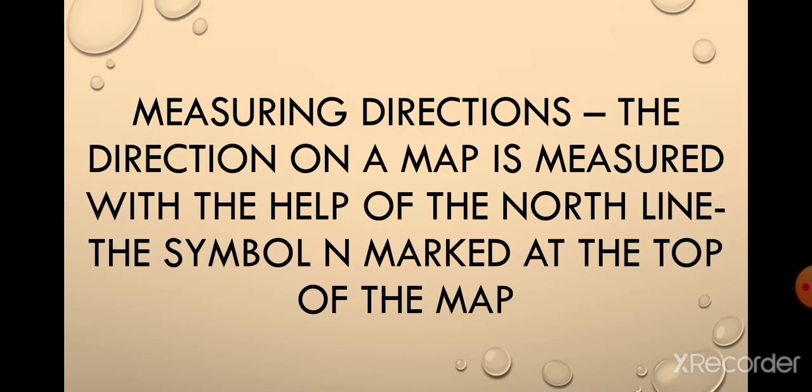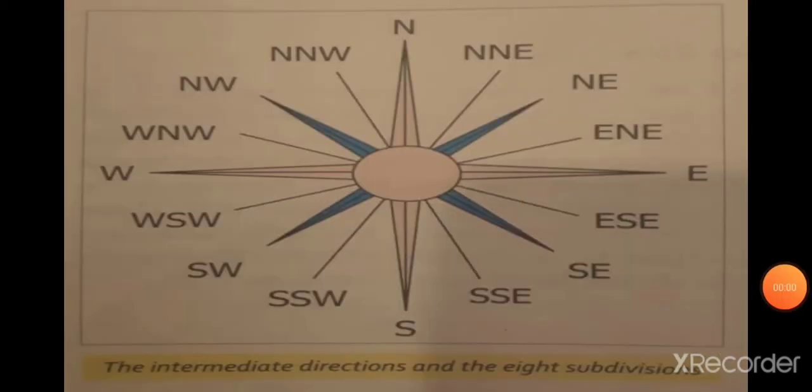The next part comes the measuring directions. Students, now I have explained the 4 cardinal directions, that is north, south, east and west. The 4 cardinal directions can be divided into 4 intermediate directions. Now how this happens, I will explain to you. Just look at this diagram.